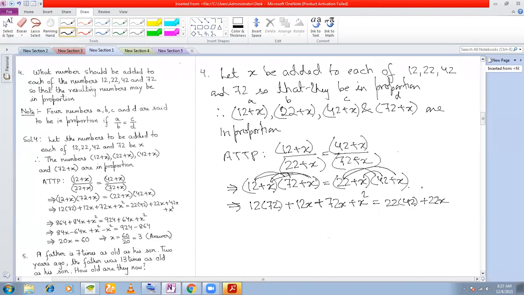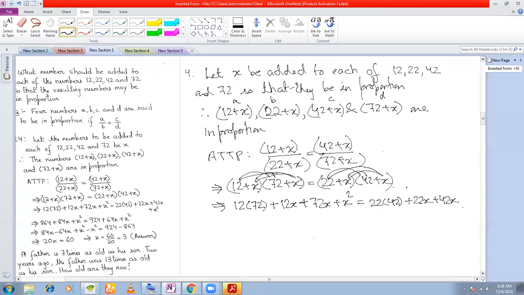Now I'll multiply x with 42. And finally I'll multiply x with x to get x square.